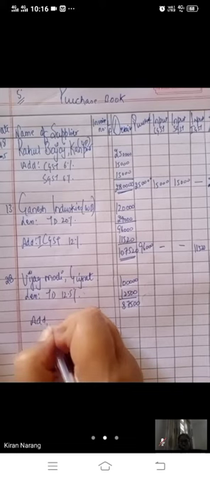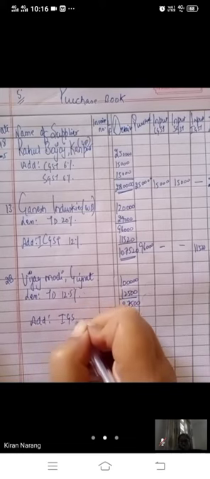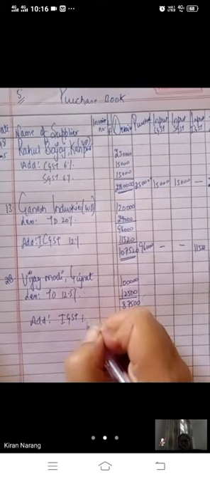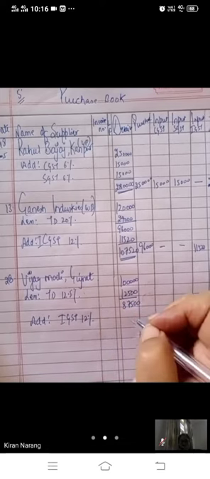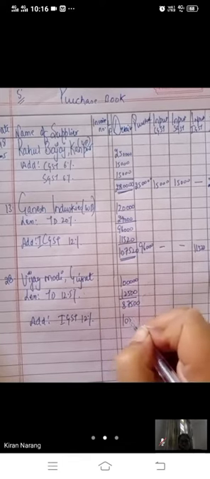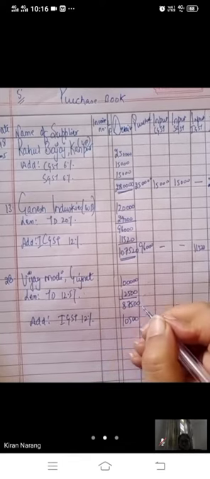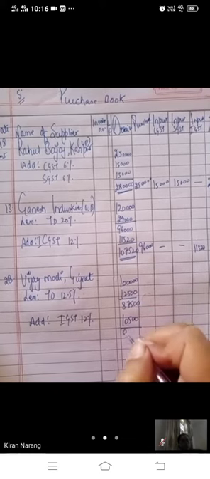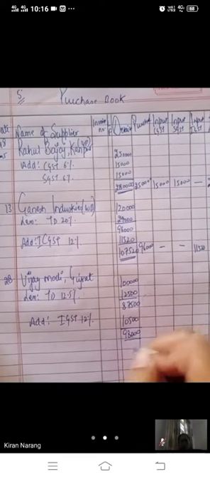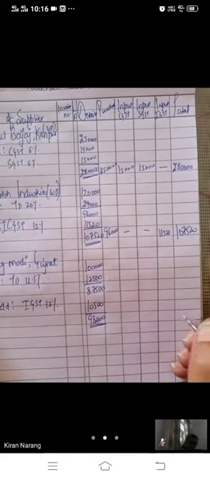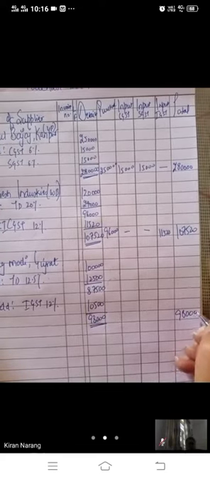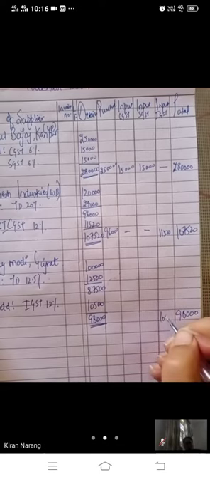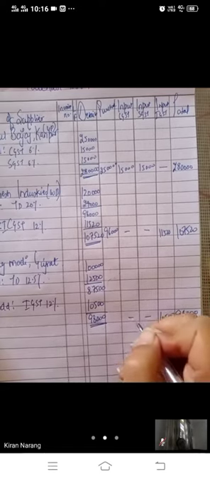Now we will add IGST 12% because the state is different. 12% IGST of this 87,500 will be 10,500. This is 98,000. Similarly, you will write the total here, IGST in the IGST column. No CGST, SGST.